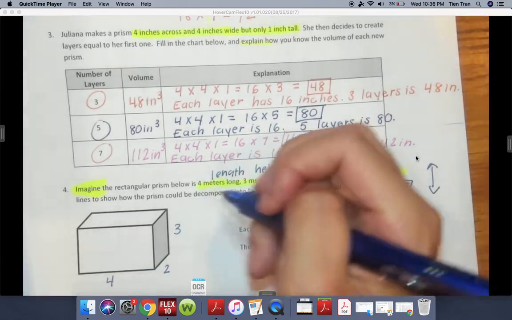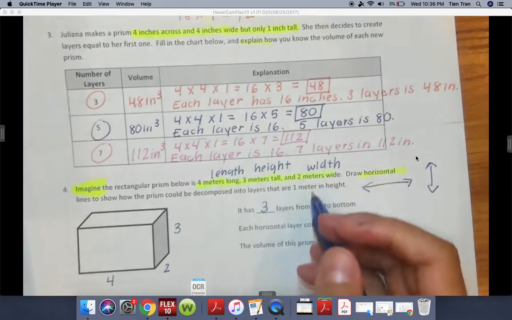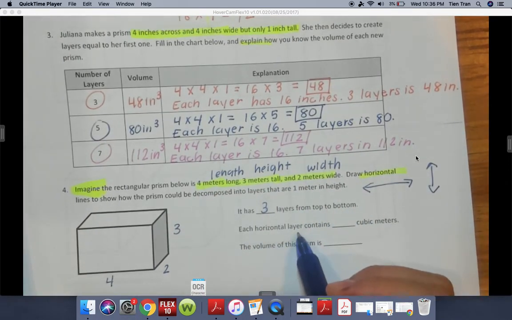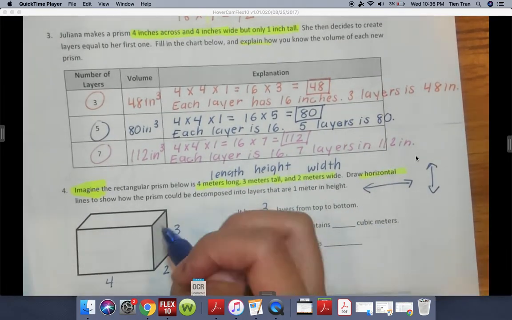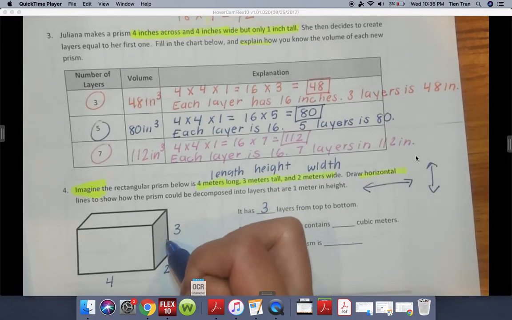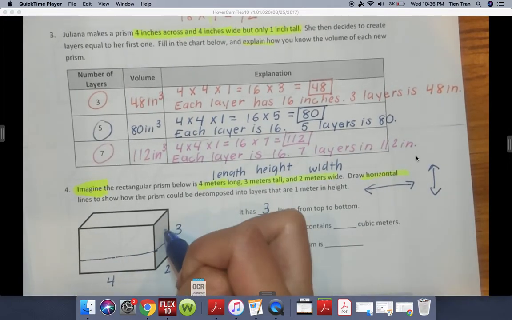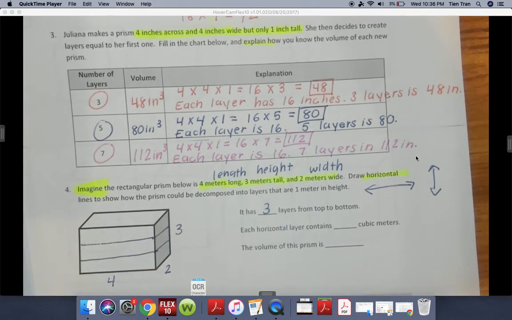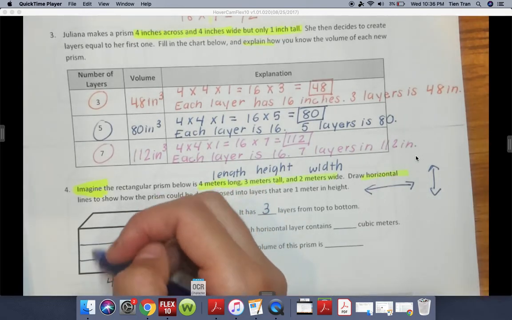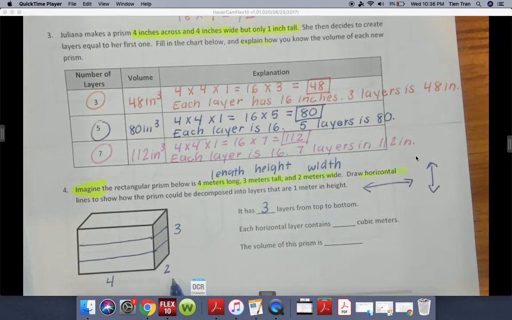There are 3 layers, I was right, 3 layers from top to bottom. Each horizontal layer contains blank cubic meters. So I need to draw my layers. I have 1, 2, 3. So how many cubic meters are there? This one is 4, and this one is 2. So there's going to be 8 cubic meters in the horizontal layer right here.